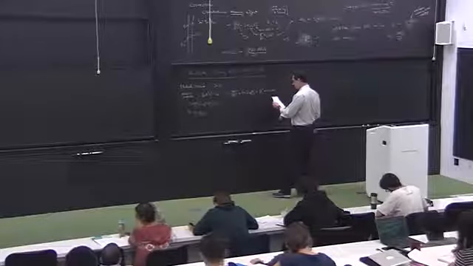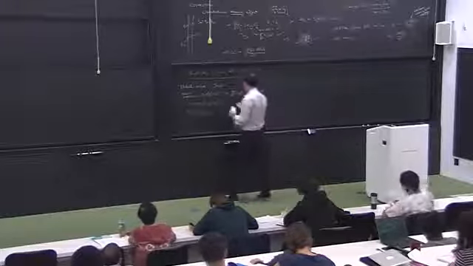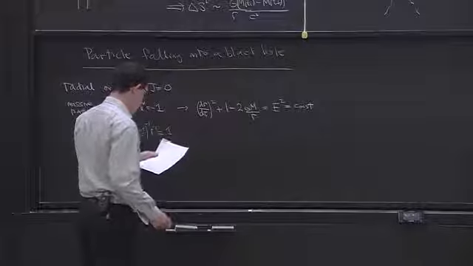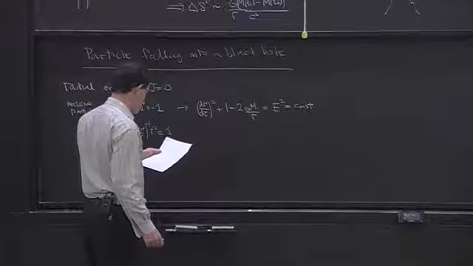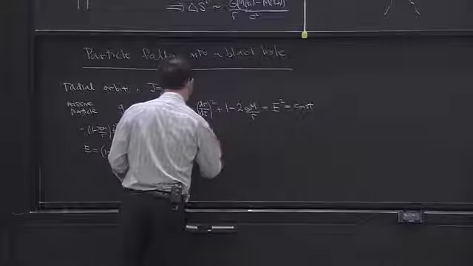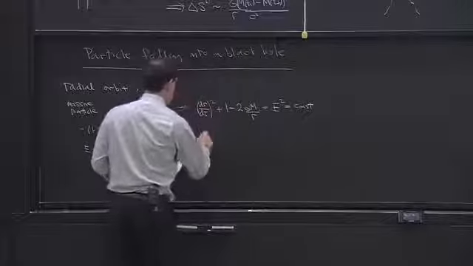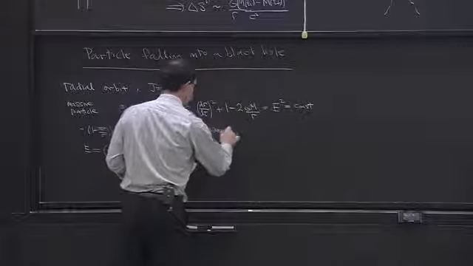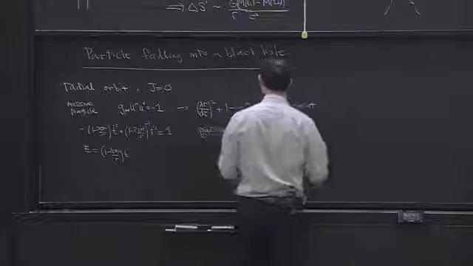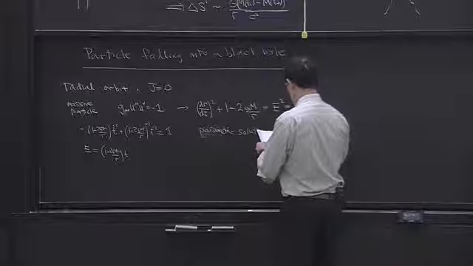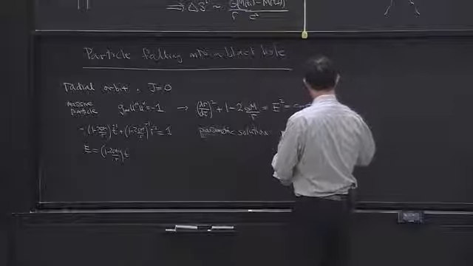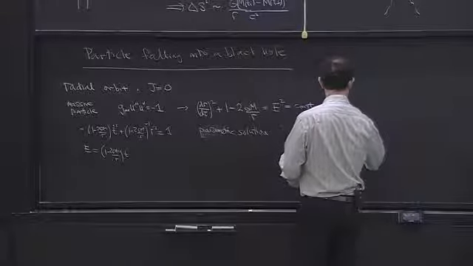So the solution to this equation, it's a nonlinear equation, but it can be solved exactly. There's a parametric solution, and I'll just write it down. You can check it if you like. R equals R over 2 times (1 plus cosine theta).